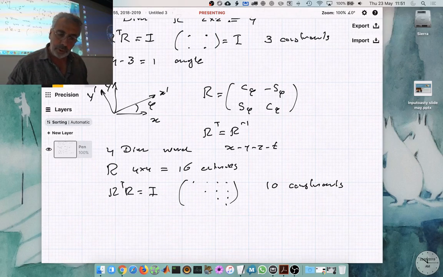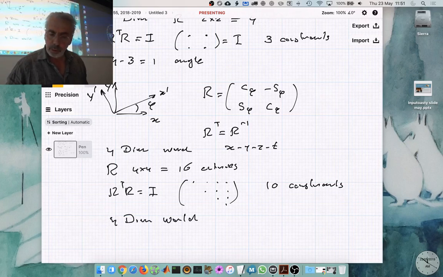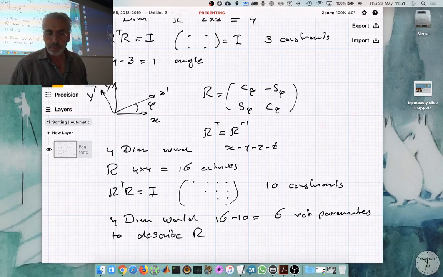Meaning in the 4-dimensional world we have 16 minus 10 is 6 rotation parameters to describe this rotation matrix. Whereas we have 4 axes. So your reasoning about, oh, we have 3 axes, so we have 3 rotations, is false. That is incorrect.